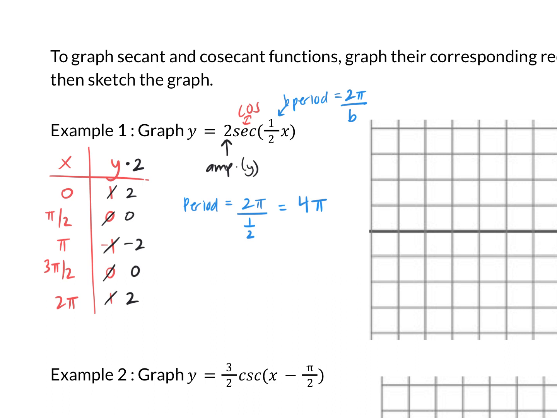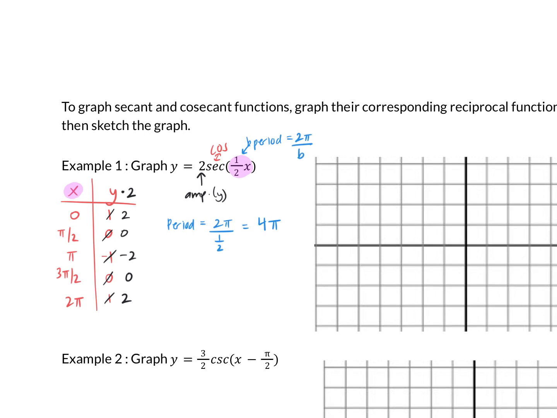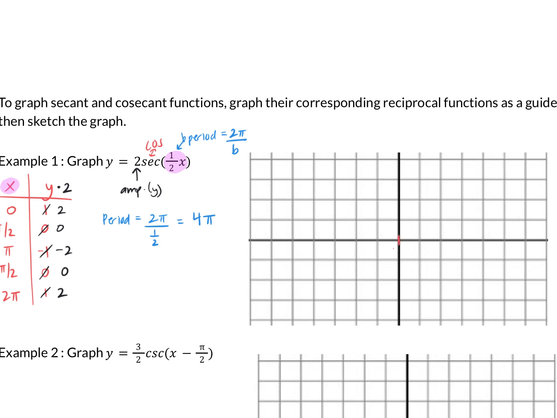And then since our period was affected, there's 2 ways we can do it. We can either do it visually on the graph, or we can set everything that is in this parentheses equal to all of my x values and solve for those individually. Okay, I think this one's a little bit easier just to do by showing you on the graph. We start again with 0 because there was no phase shift.